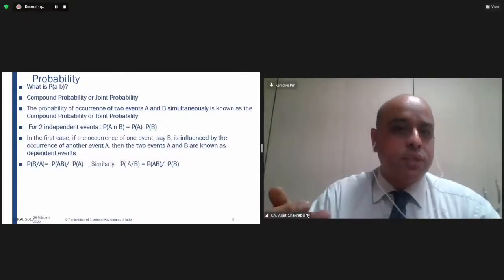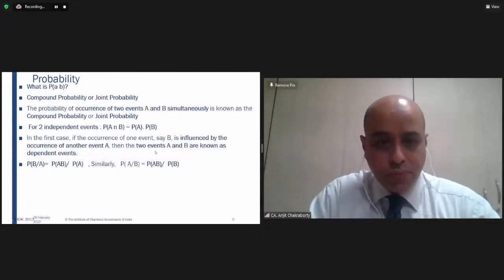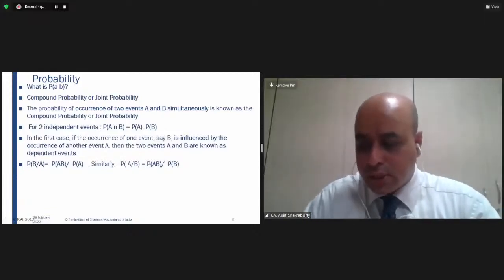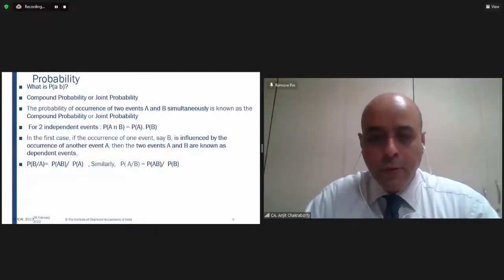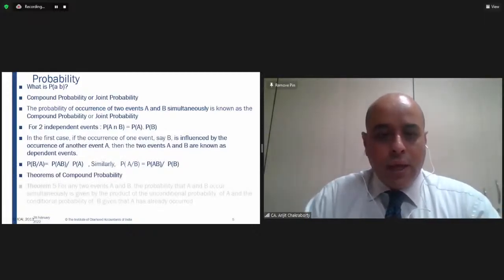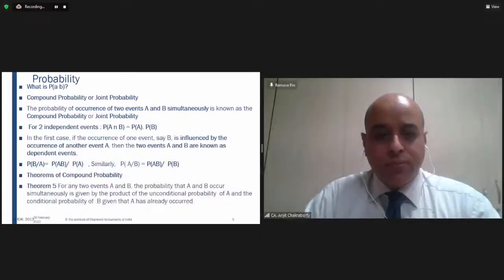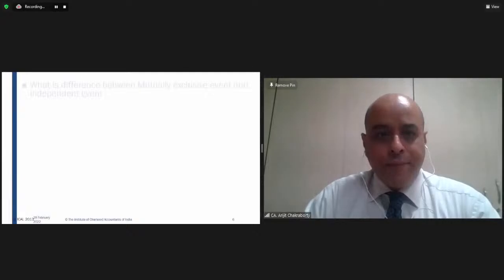That is the conditional probability of event A. Please remember these two formulas, which you can see on this slide, and we had discussed this in detail in the last session as well. And theorems of compound probability also we had covered.